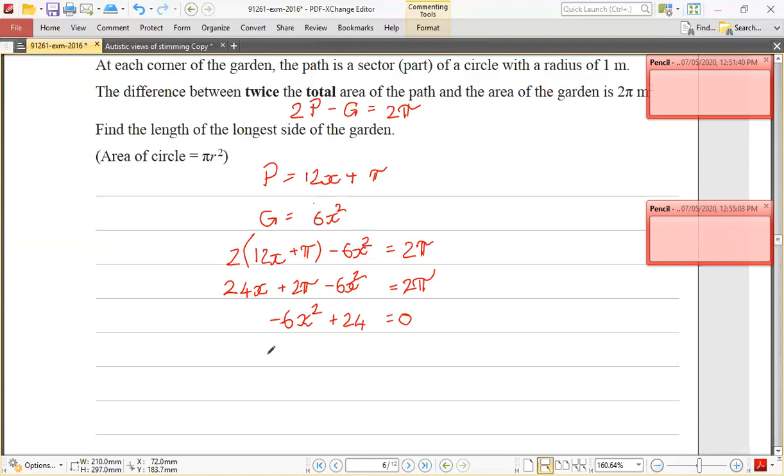So now, divide by negative 6: x squared minus 4x. So we're going to factorize it, and you end up with x times x minus 4.